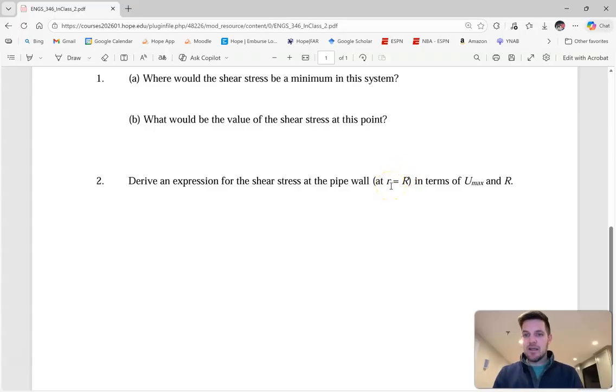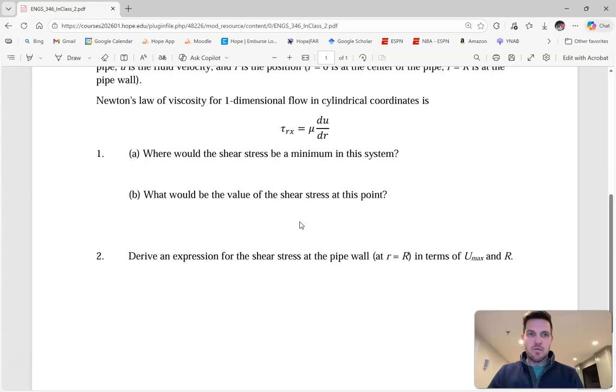My hint is you should end up with an equation that doesn't have too many variables in it. It's dependent on Umax, on viscosity, and on the pipe radius, R. Hopefully you can figure out the shear stress, or the friction, at the pipe wall in number 2. So it's a chance to get a little bit of a sense of some of the math behind shear stress.